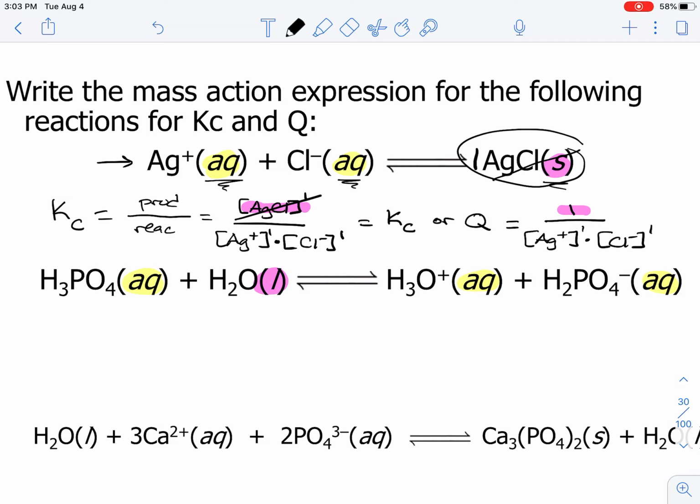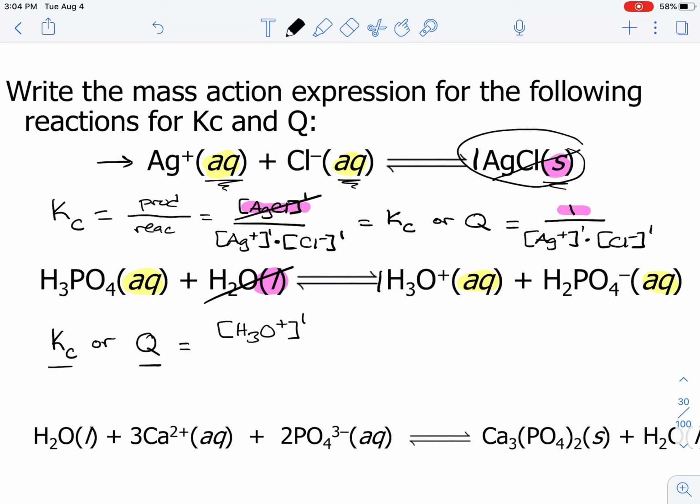And so if I wanted to write the equilibrium constant Kc, or the reaction quotient Q, if I wanted to write the mass action expression for these two, then I would only incorporate substances that are aqueous or gas in state, because any change in volume will affect the equilibrium constant Kc or Q.